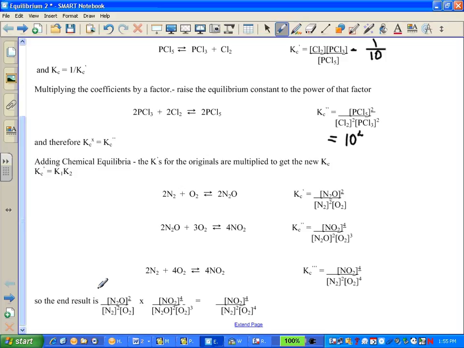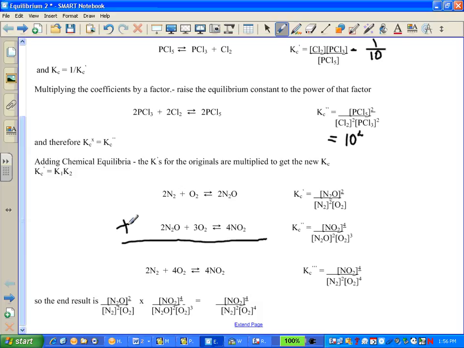Now, first of all, we have to go over what it means to add reactions. We're looking at these two reactions, and we're going to add them to become this third reaction. So we can think about it as a big plus sign. Okay, so we're going to add these reactions.